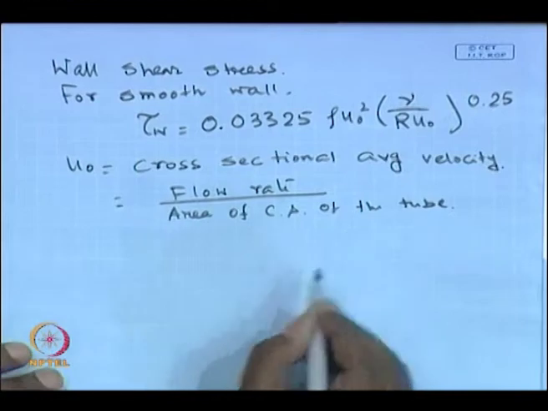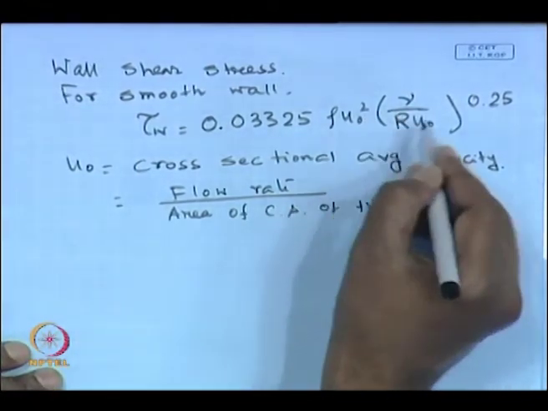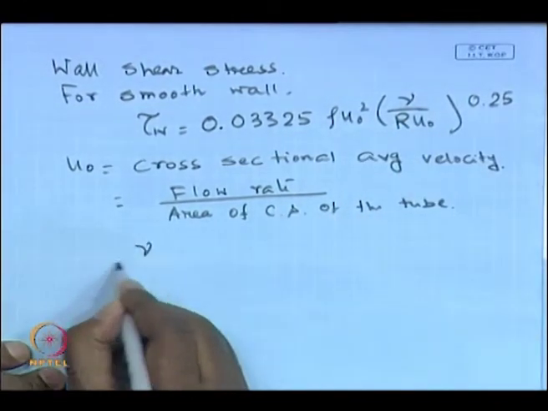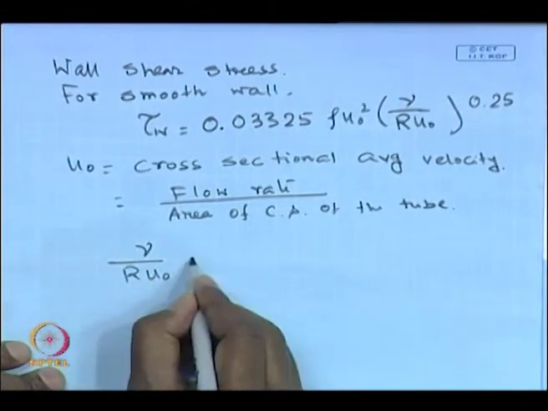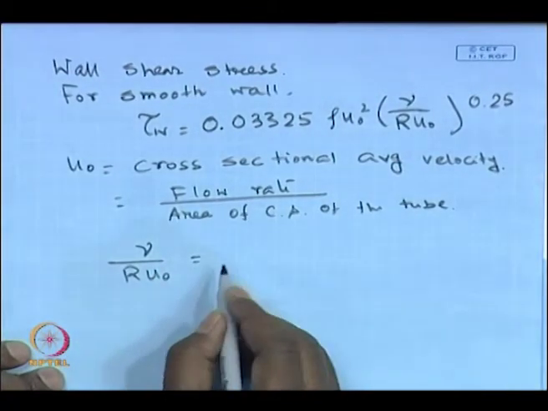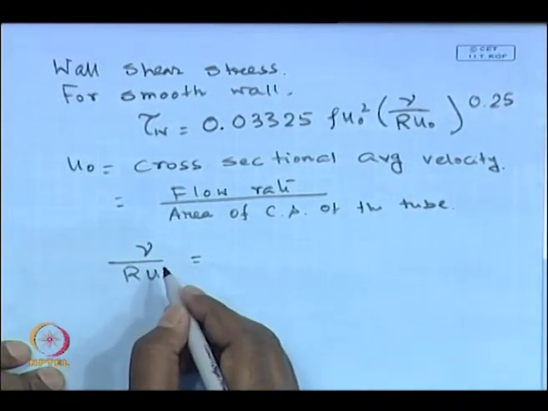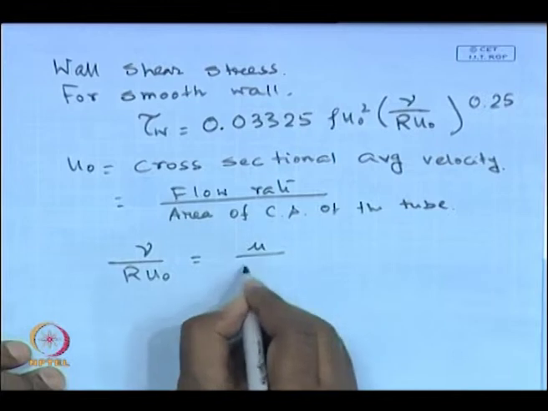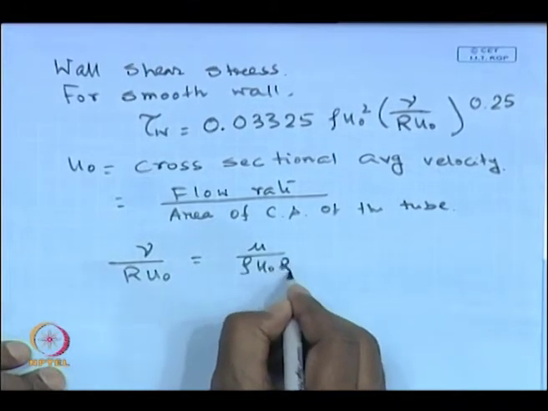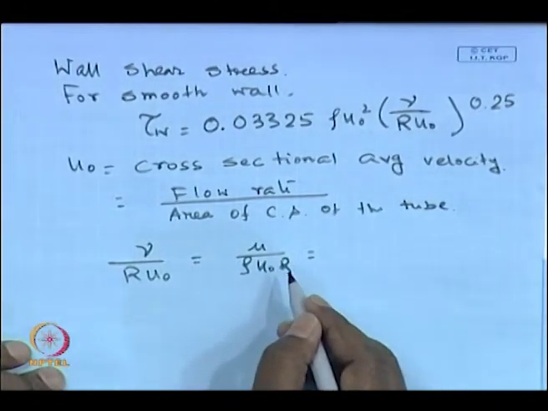Now, the thing within the bracket, nu by r u naught, is basically nu is nothing but mu by rho, over u naught r. You multiply and divide by 2.